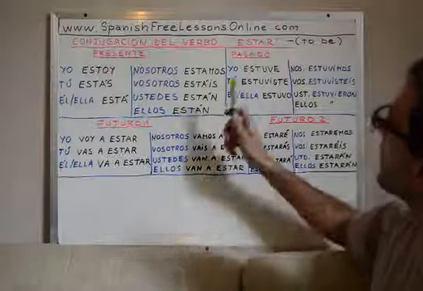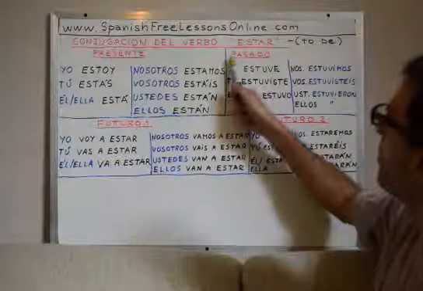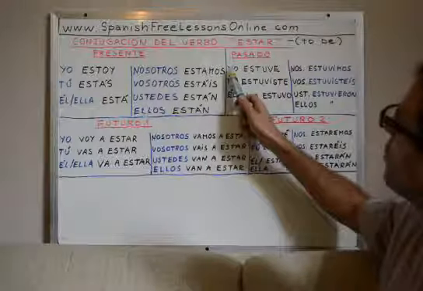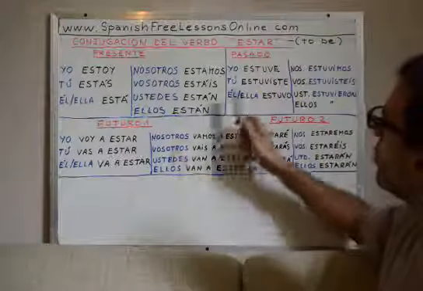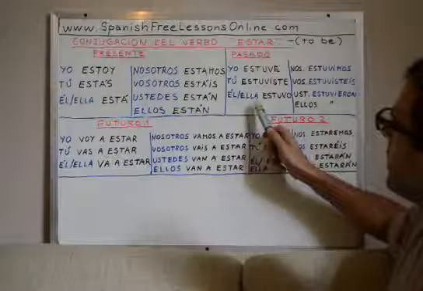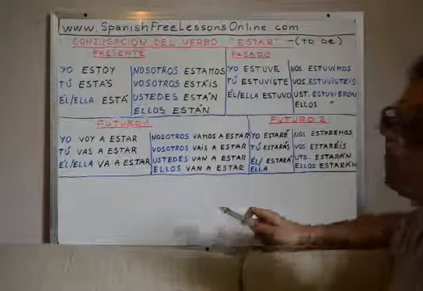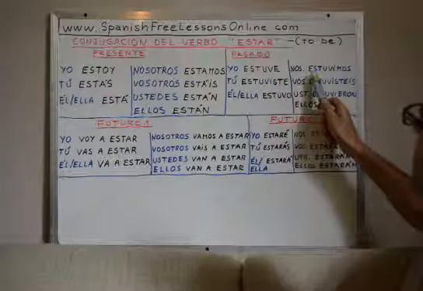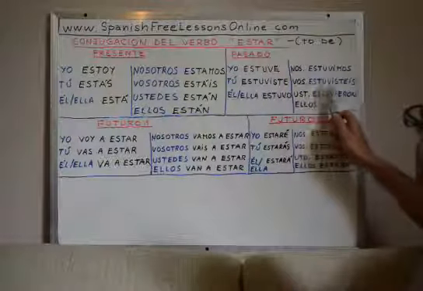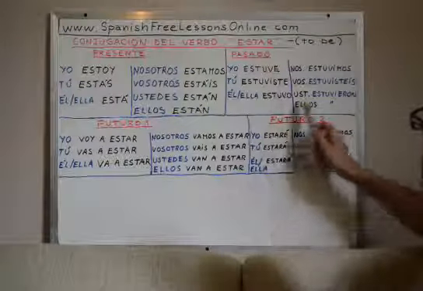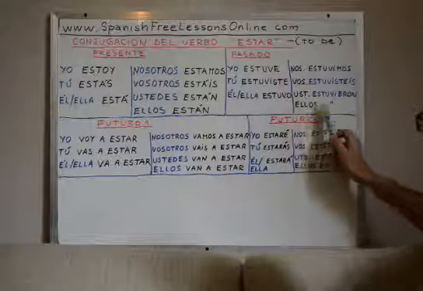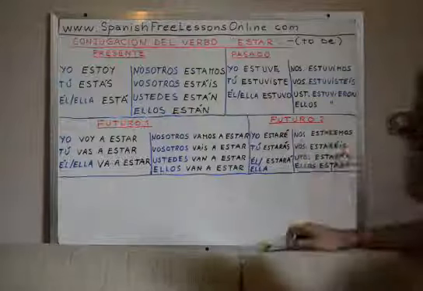Okay, in the past, right? Pasado, three syllables, pasado, pasado. Yo estuve, tú estuviste, él o ella estuvo, nosotros estuvimos, vosotros estuvisteis, ustedes estuvieron, and ellos estuvieron, right?